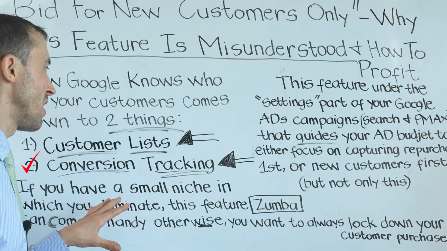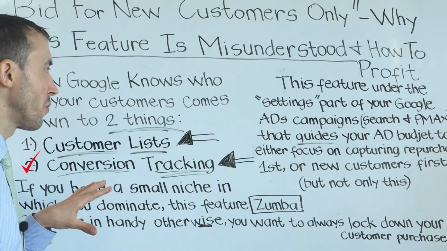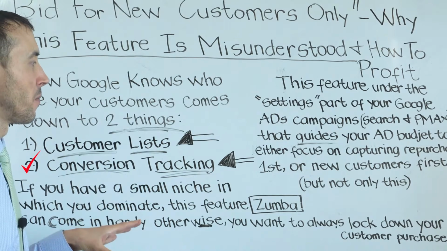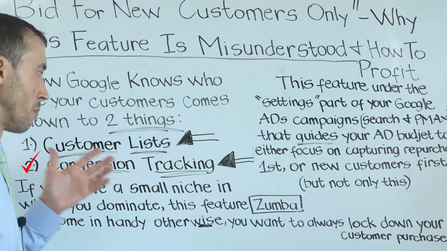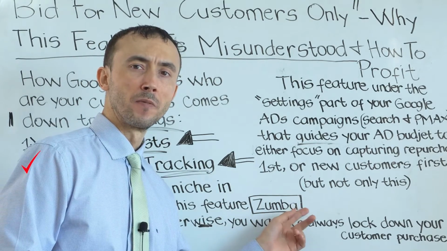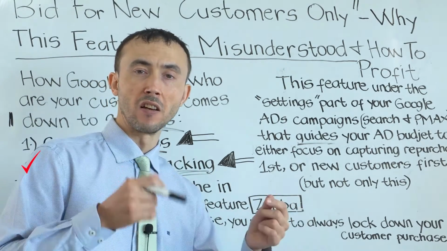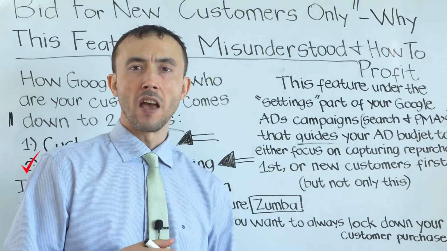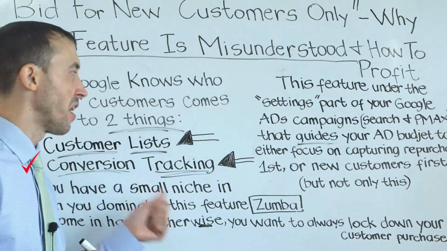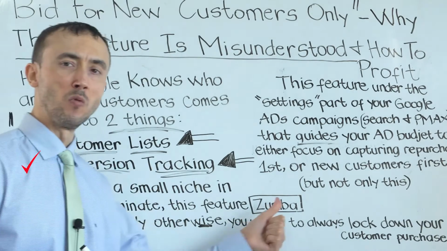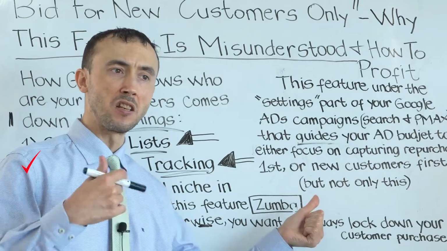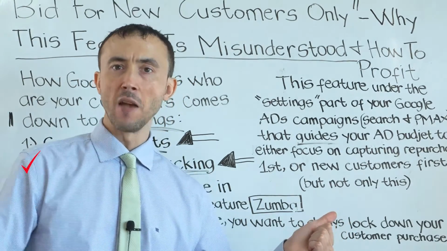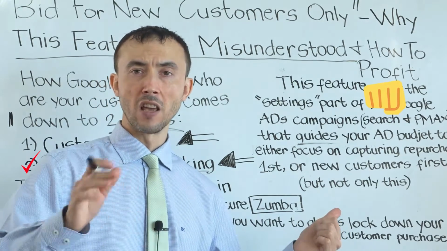In that type of situation, the bid for new customers only feature can help you out, because most of the people searching for Zumba, even though that's a universal term like Kleenex and Google and stuff like that, it'll help you find actual new customers, because if you don't, it'll be mostly existing customers coming through that just want to get to the website and book another time.